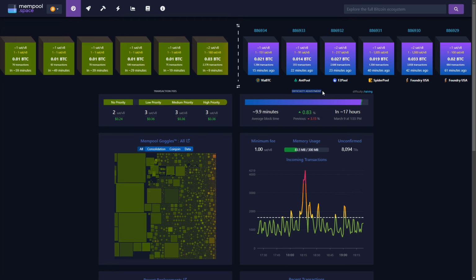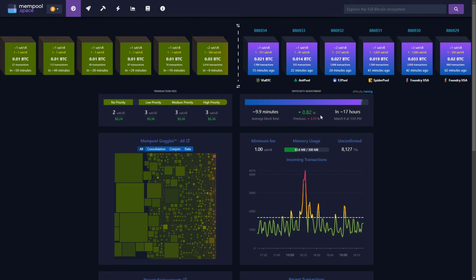And what that means is that if it becomes too easy to find blocks, so let's say a miner finds blocks every 9 minutes instead of every 10 minutes, the difficulty increases.